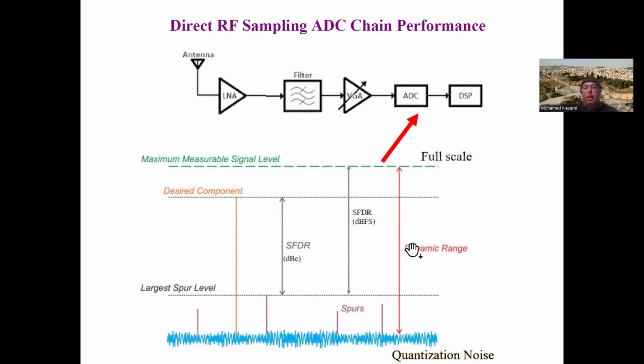Once you do that, the signal-to-noise ratio of the ADC is really not anymore defined by quantization noise, but rather by the thermal noise. Of course, the thermal noise of this chain is dependent on the gain and on the cumulative noise figure in here.